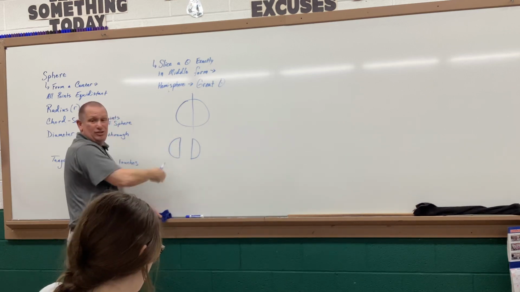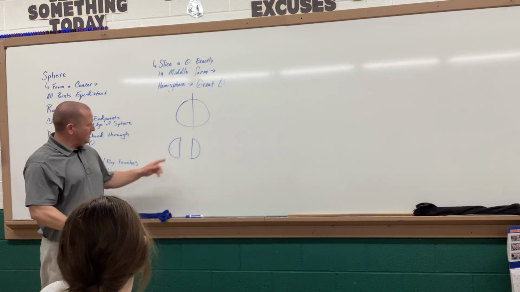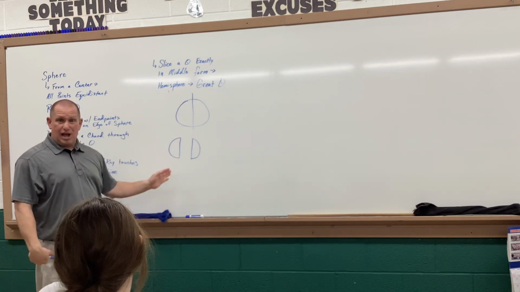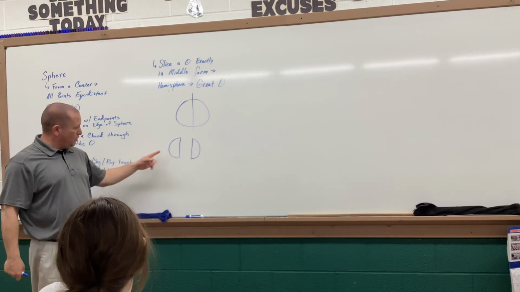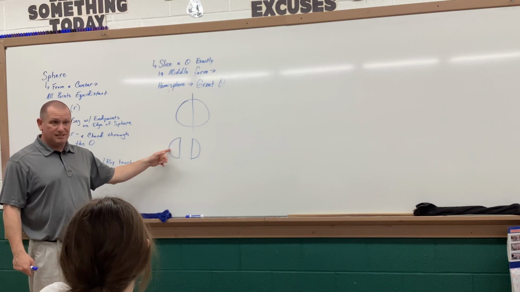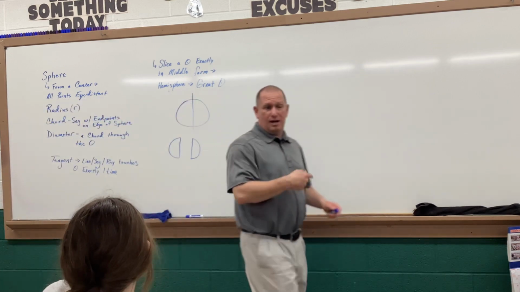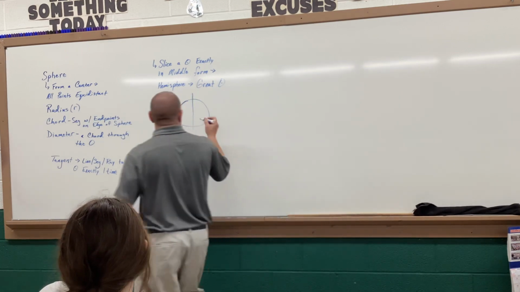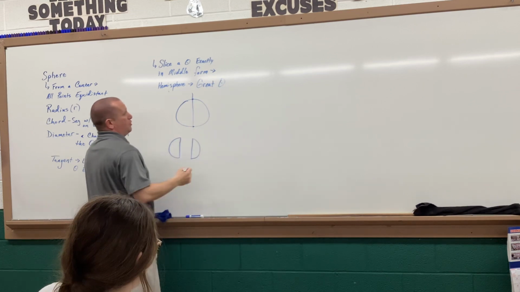But I could continuously chop it with my samurai sword again, right? And as I continuously chopped it, what would happen to all of my circles? They would just get smaller and smaller until I get way down to the end. That makes sense to everybody? So this great circle is what we want to concentrate on. And actually then they call this here and here the poles.